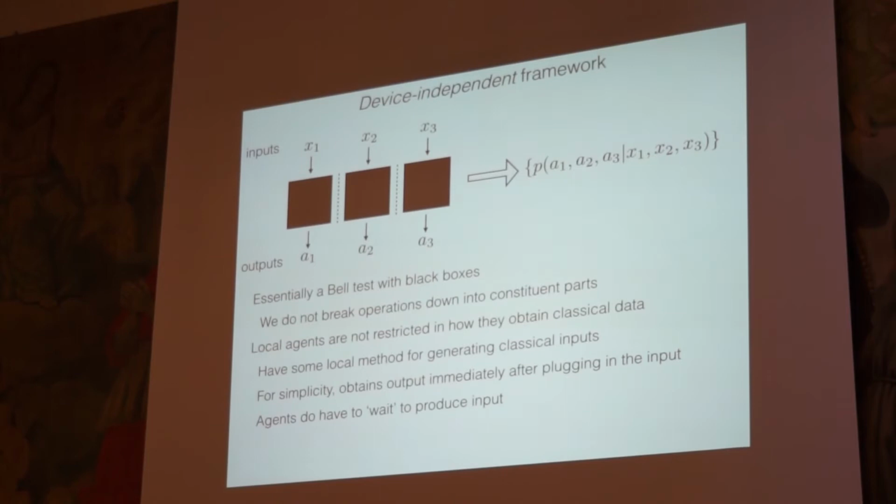The agents don't have to wait around after they produce the input to receive the output. And then the objects of interest are these conditional probability distributions of outputs given inputs, which we'll just call correlations. So these things on the right here. I have 3 boxes here, but you can imagine n boxes, and you have n local agents who can generate this data. They can talk to each other to then generate this data.